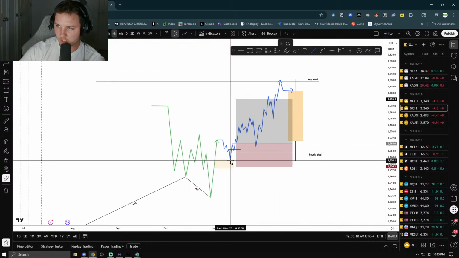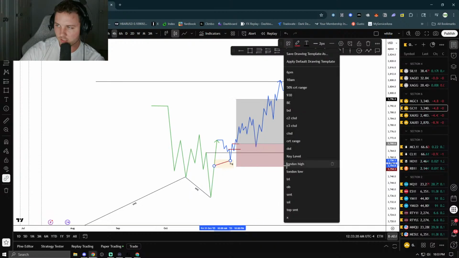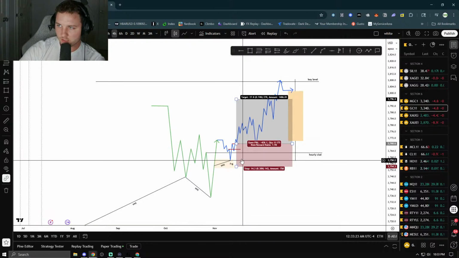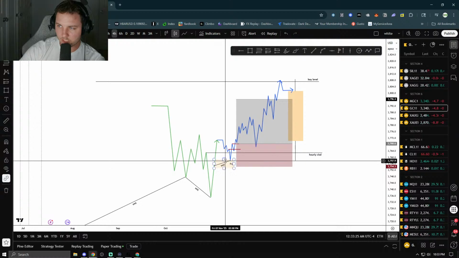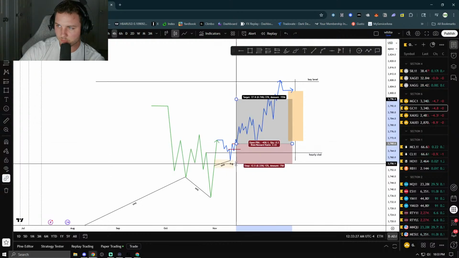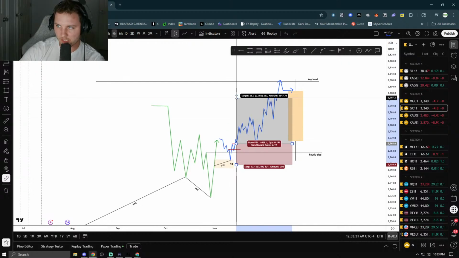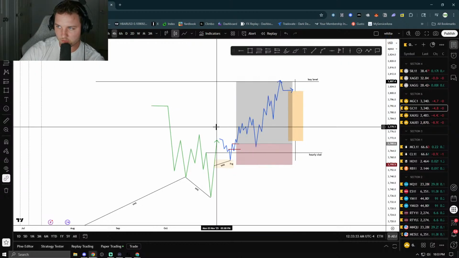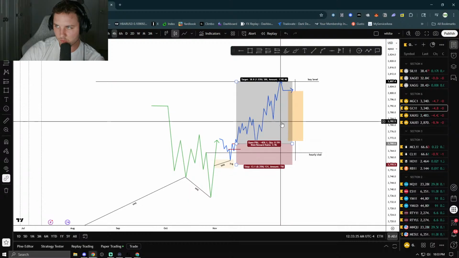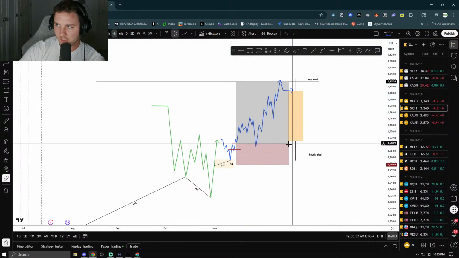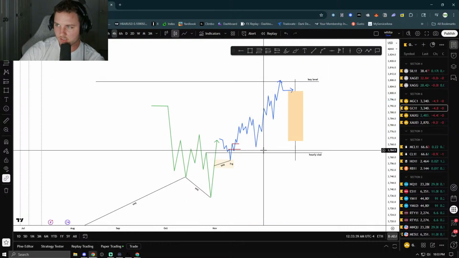Let's assume internal SMT, right? So confirm manipulation, CISD, propulsion block, bam. We can assume that this is going to be the low of the 4-hour candle. Target this. You hold it all day or till the open. Okay. And then it supports expansion because it's a small wick.